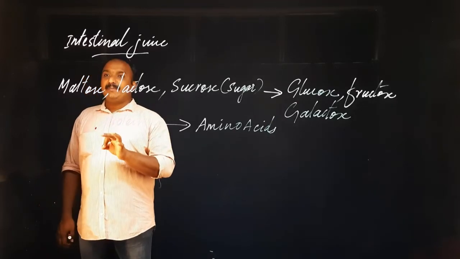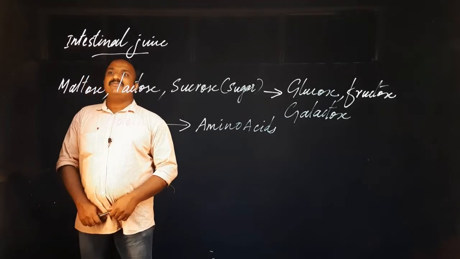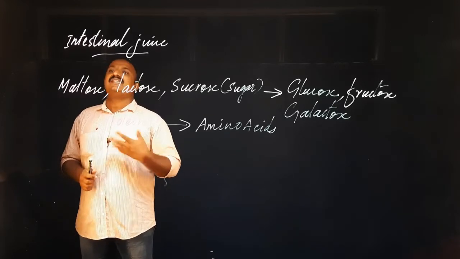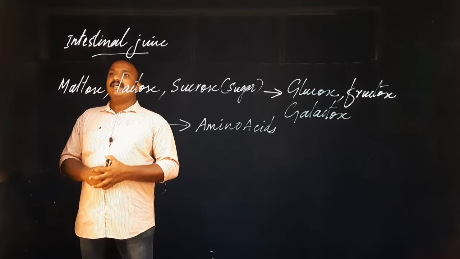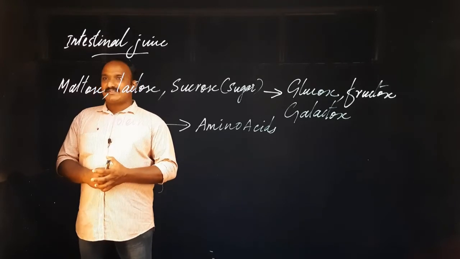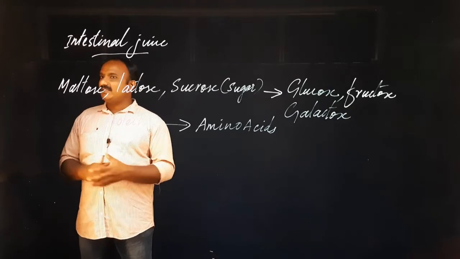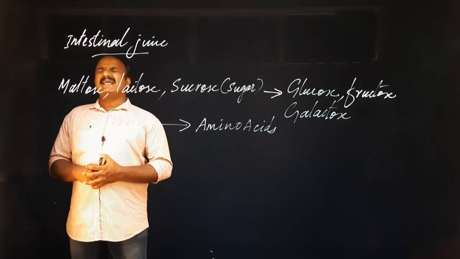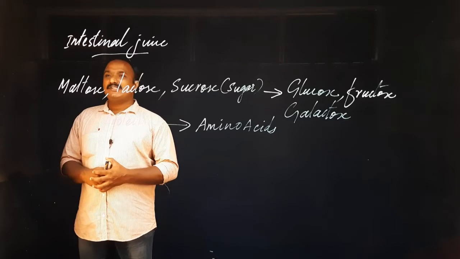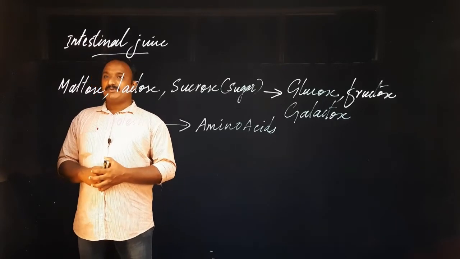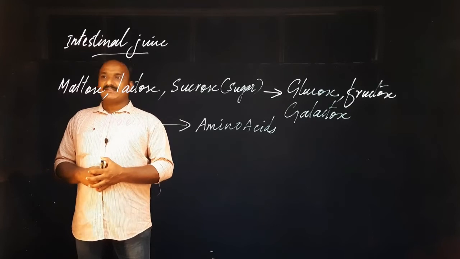That absorption process takes place after the digestion. That will also start from the small intestine. We will discuss that in the next class. With today's class, the digestion process is completed. Now the process is the absorption process, which we will see in the next class.